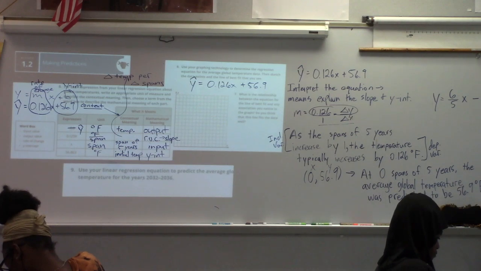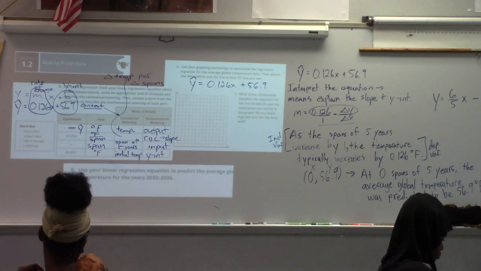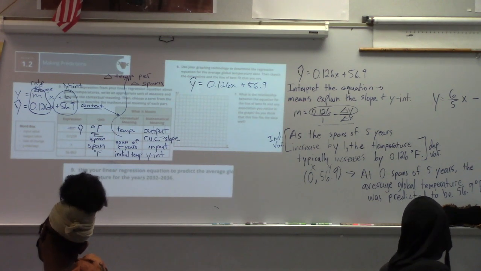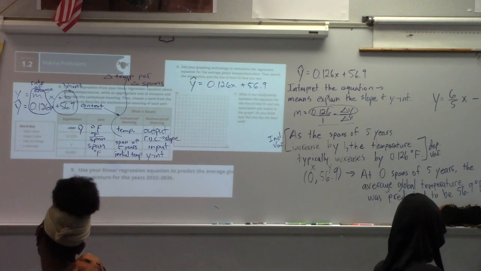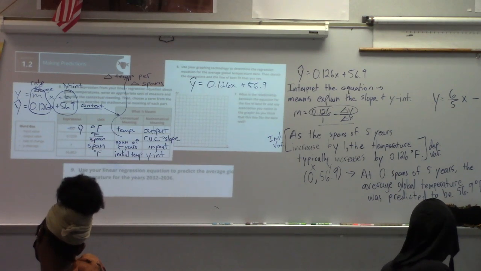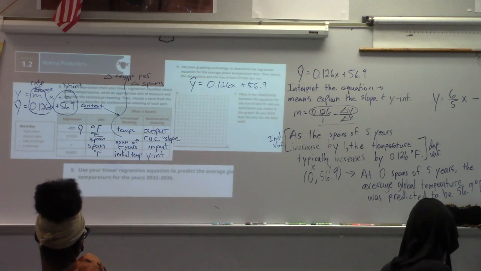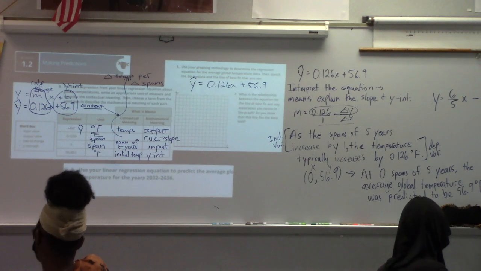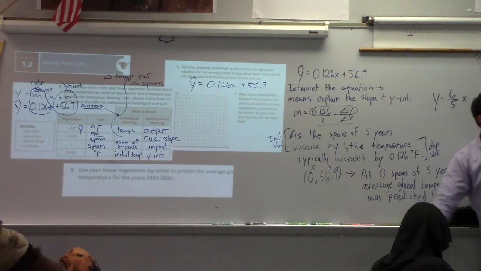Notice I'm just putting the context. Hear me very clearly. You're going to have to interpret the slope and the y-intercept. If you identify what x and y are in terms of the context, you're just putting the context there. That's the y-intercept, right? 0, 56.9 is the y-intercept.